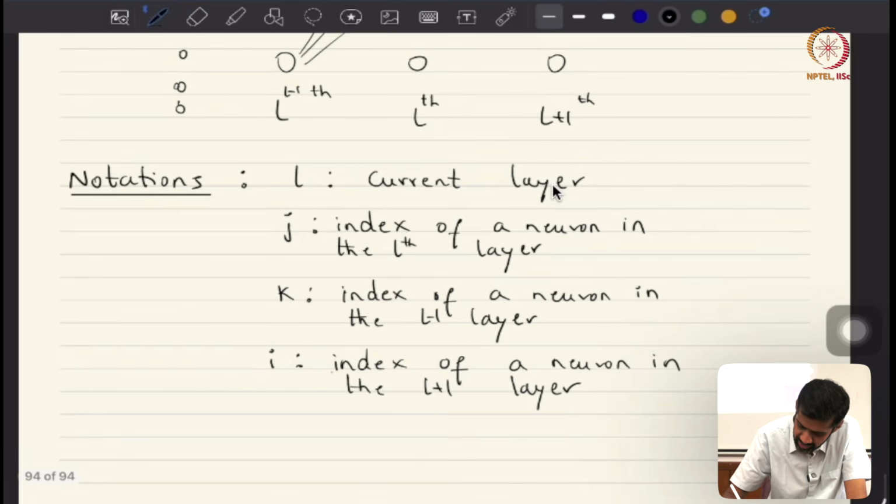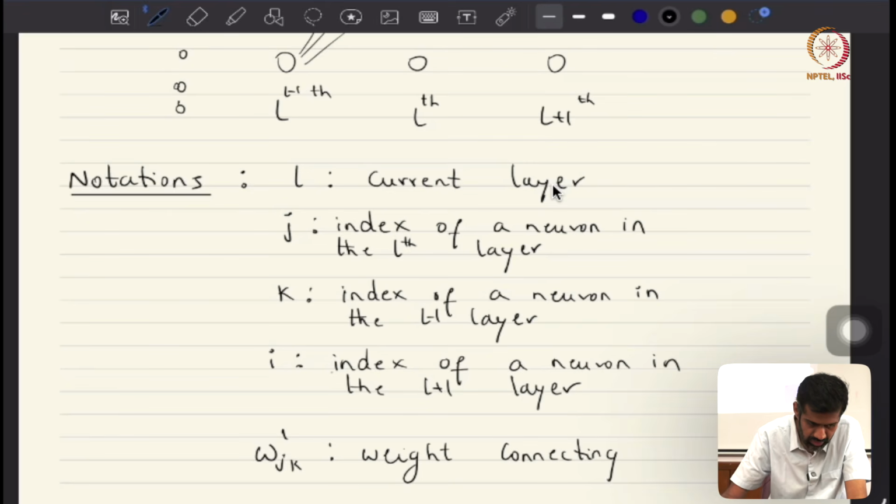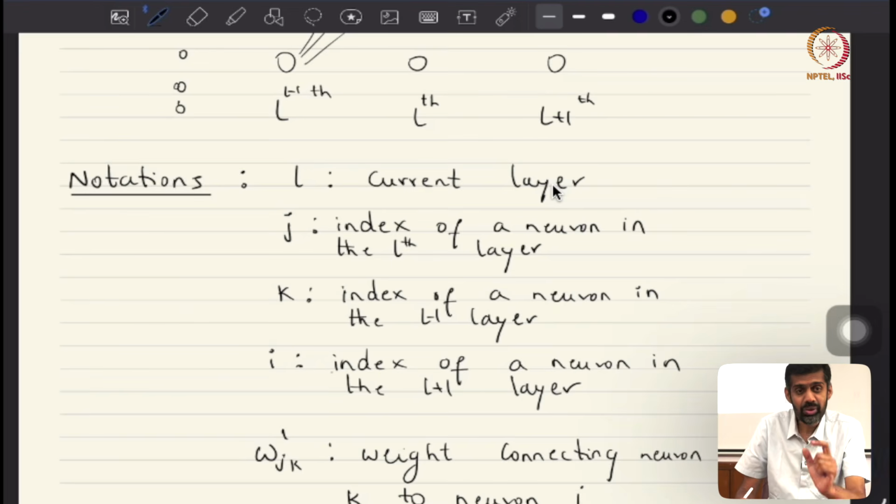Now, this is important. We have W, J, K, L. This is the weight connecting neuron K to neuron J. Please note that neuron K is in L minus first layer and neuron J is in the Lth layer.